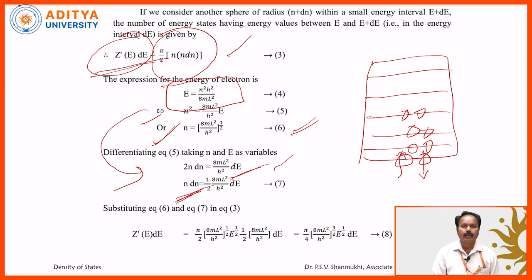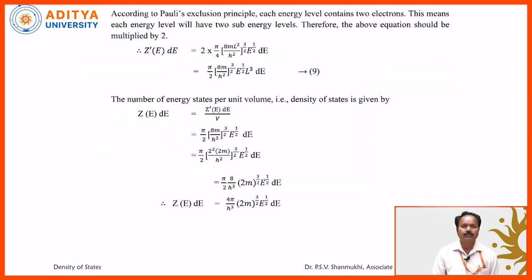Substituting these two in the above equation, we get Z of E dE equal to pi by 2 into 8 m L square by h square whole power half, that is n, into E power half, into half 8 m L square by h square into dE. Simplifying this, we get pi by 4 into 8 m L square by h square whole power 3 by 2 into E power half into dE.